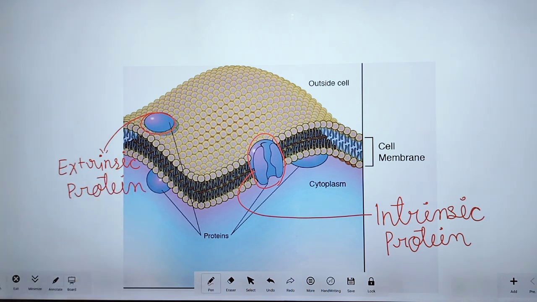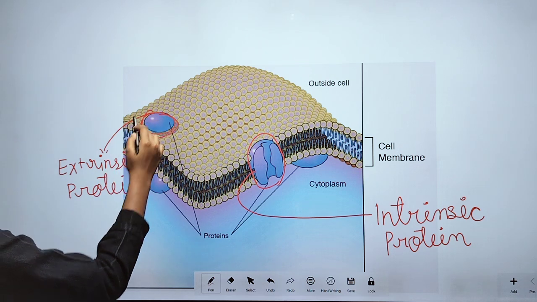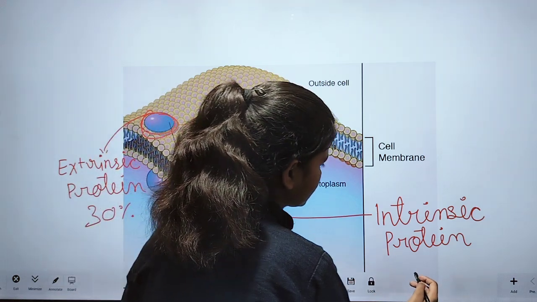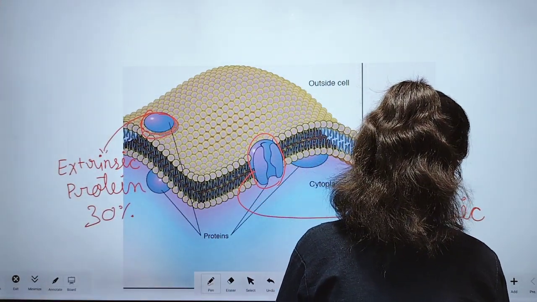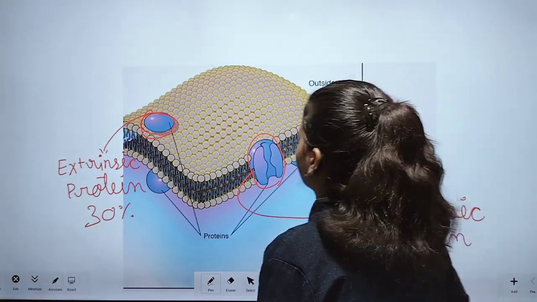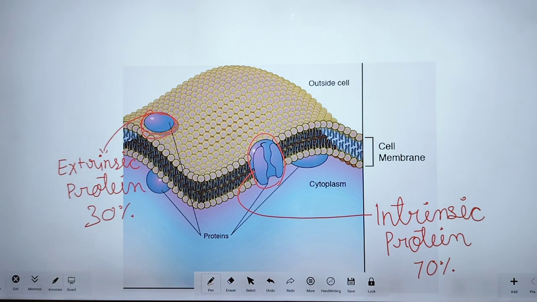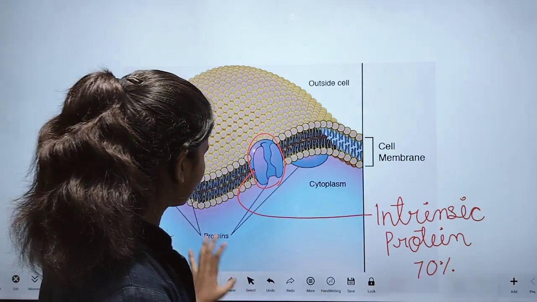This one is present about 30% and this one about 70%. Intrinsic protein and extrinsic protein are the two types of protein present in the layer of the membrane.